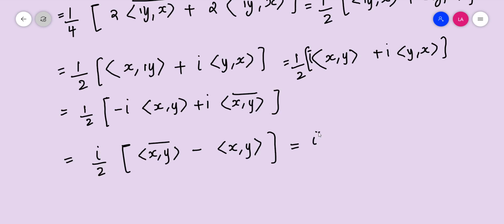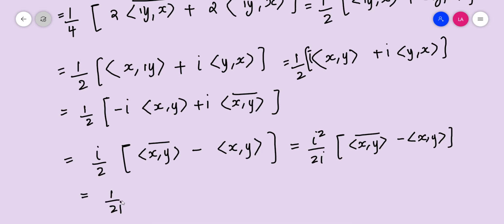So this becomes i square by 2i times inner product xy conjugate minus inner product xy, because we want to get an exact form, that's why. The i square is minus 1, and if you multiply this by minus 1, this minus and plus interchange. So 1 by 2i times inner product xy minus inner product xy conjugate.